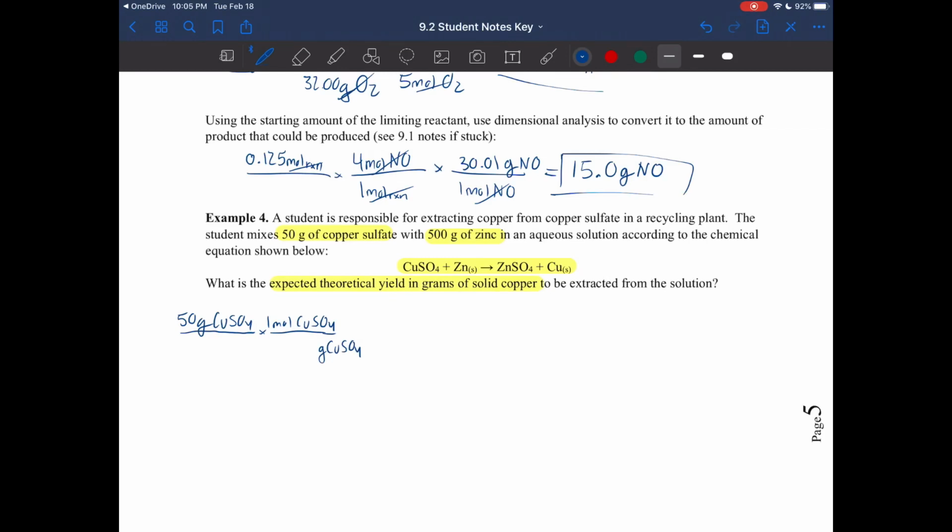Let's see, the mass of a Cu plus the mass of an S plus the mass of 4 O's should get you about 159.61 grams of copper 2 sulfate.